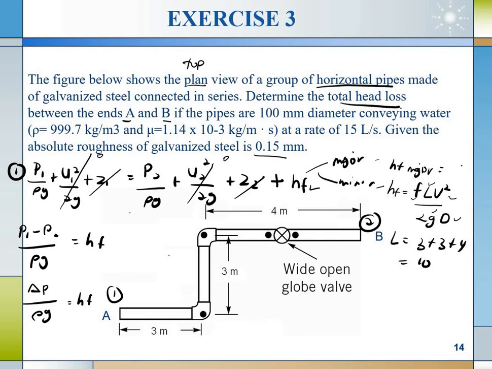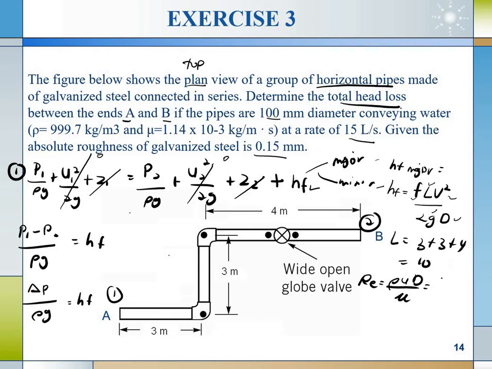V here we can have, because we have Q and also we have the area, and then we can get the value of V. But before we go deeper, we need to calculate the Reynolds number using the equation rho U D over mu.